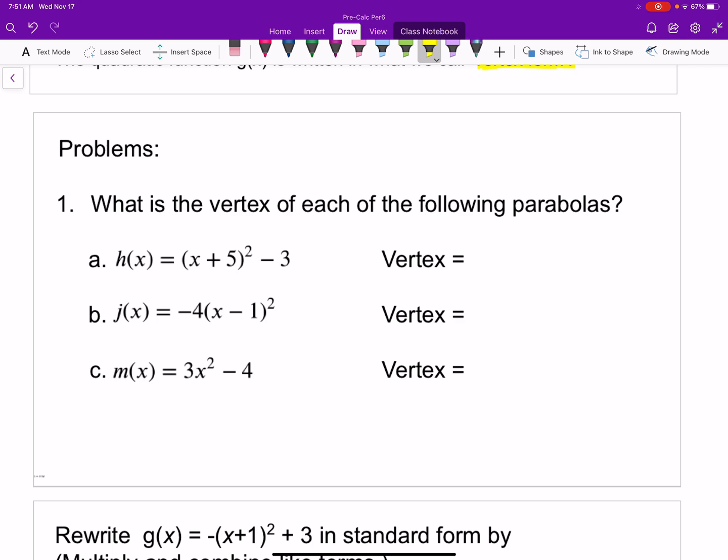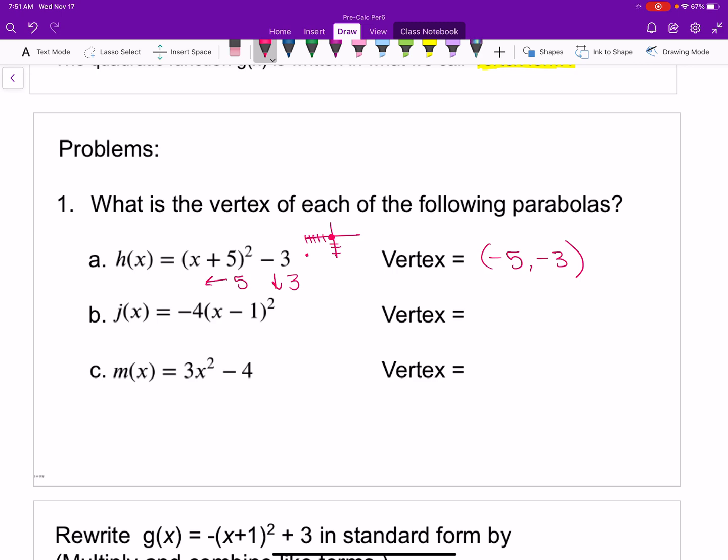So for the first one, the transformation is taking us to the left 5 and down 3. So if we think about our key point at (0, 0), we're going to be going to the left 5 and down 3. So that key anchor point, your vertex, goes to (-5, -3).